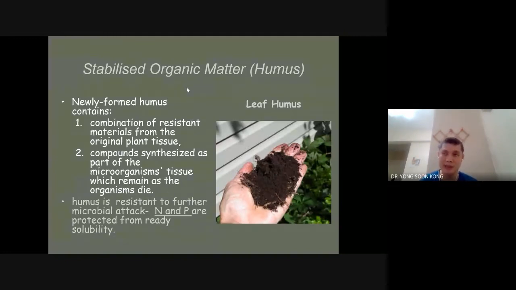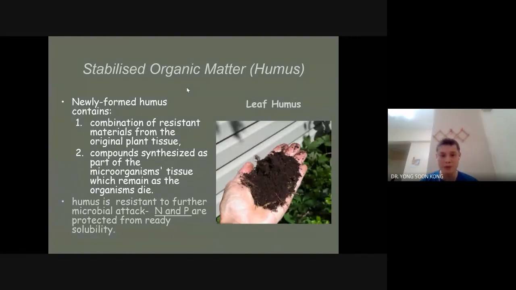Now this lignin is part of the organic component inside the leaves or the plants. The difference is lignin is very difficult to be broken down by microbes. I didn't say that they cannot break down. They can, but it happens really, really slowly. And because of that, they release nutrient in a very slow way, at a very low rate.